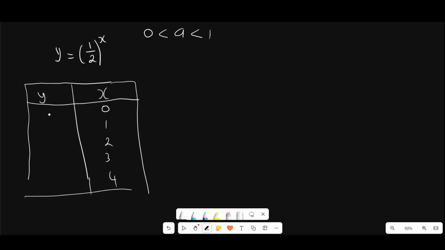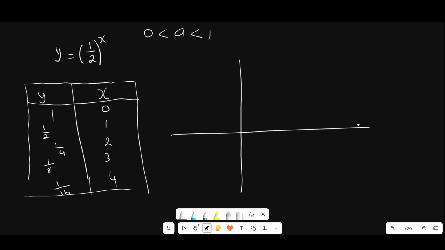When I have 0 I have 1, when I have 1 I have a half, when I have 2 I have 1 over 4, when I have 3 I have 1 over 8, and when I have 4 I have 1 over 16. Okay, so in this case here we notice something. We notice as my x value increases, my y value decreases.